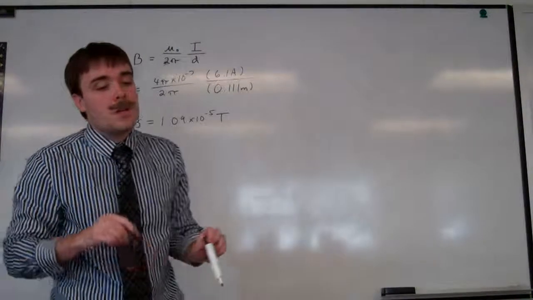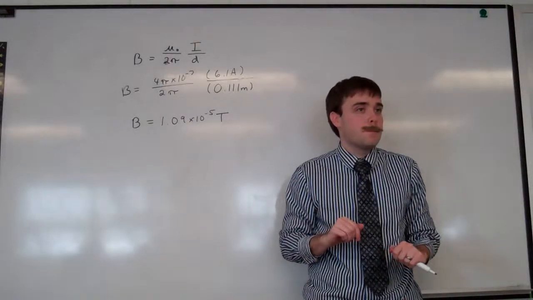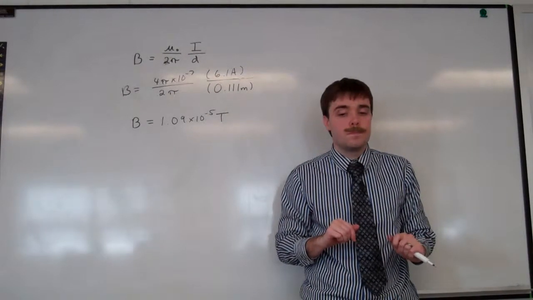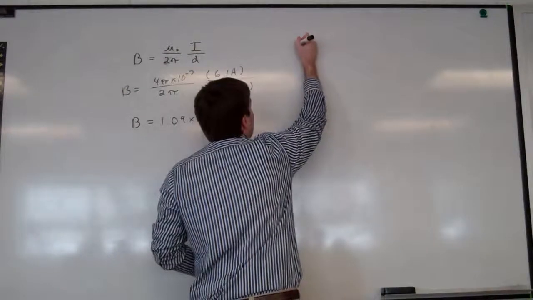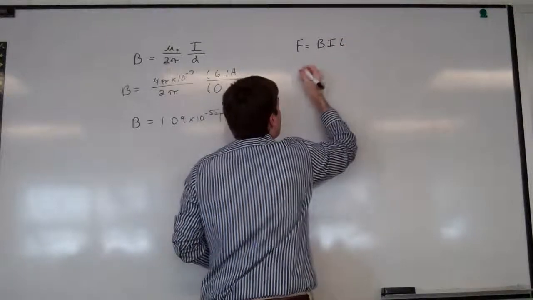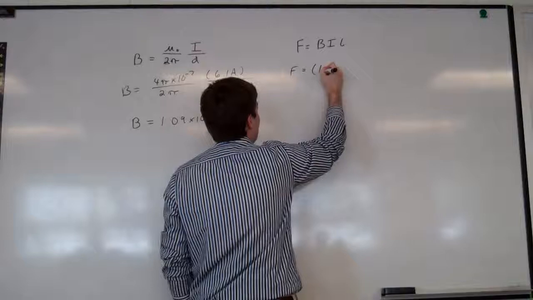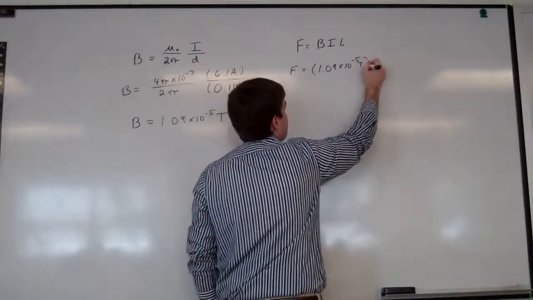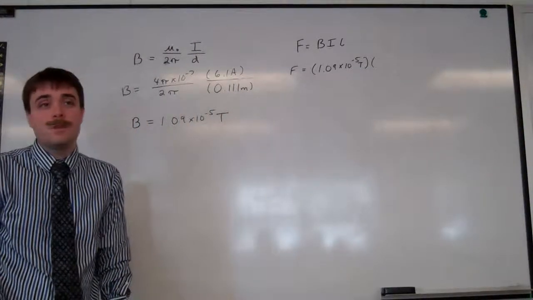Alright, so now we have the magnetic field. What are we going to use to find the force on one of the wires? F equals BIL. So our force is equal to the magnetic field, 1.09 times 10 to the negative 5th Teslas, times the current. Which current are we going to use, since we're looking for the force on the other wire?